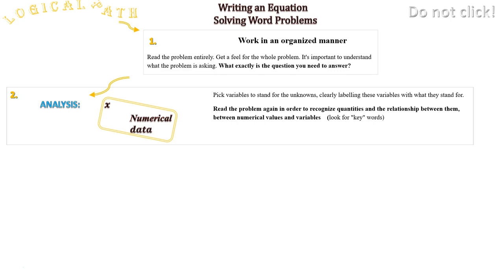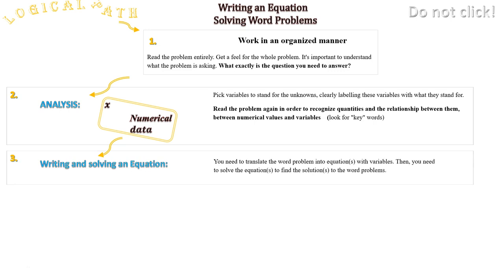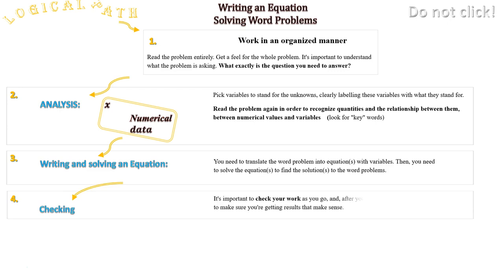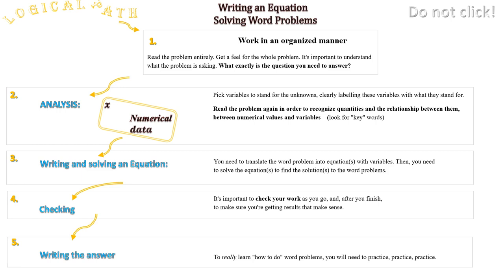After that, you will be ready to translate the word problem into an equation with variables. And then you have to solve this problem. It's important to check your work as you go, and after you finish, you make sure you are getting a result that makes sense. And finally, you are ready to write the answer. But please remember, to really learn how to do word problems, you have to practice more and more and more and more.